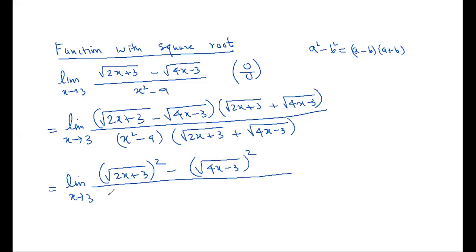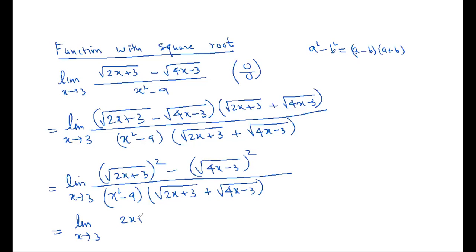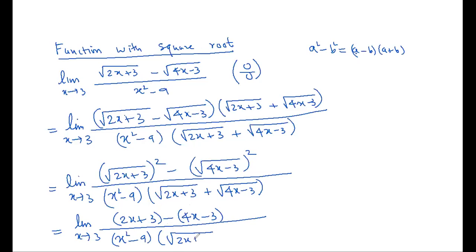So the square root goes away. Now square root and square go away. 2x plus 3 minus 4x minus 3, over x square minus 9 into root of 2x plus 3 plus root of 4x minus 3.